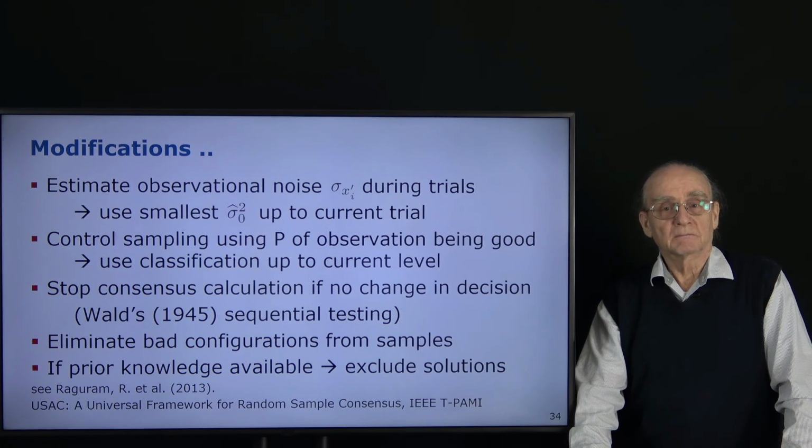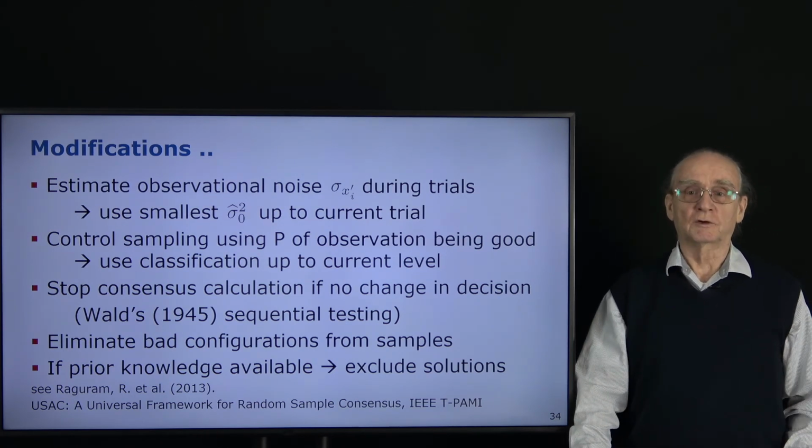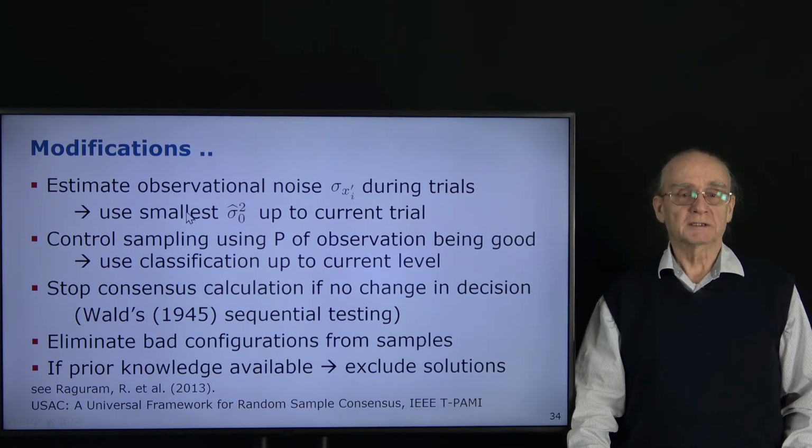So we saw a concrete realization. Of course, there may be modifications, and there have been a lot of proposals made to improve the results in terms of efficiency or flexibility. The first one is, we said that we need to know the observational noise, because we use it for checking.